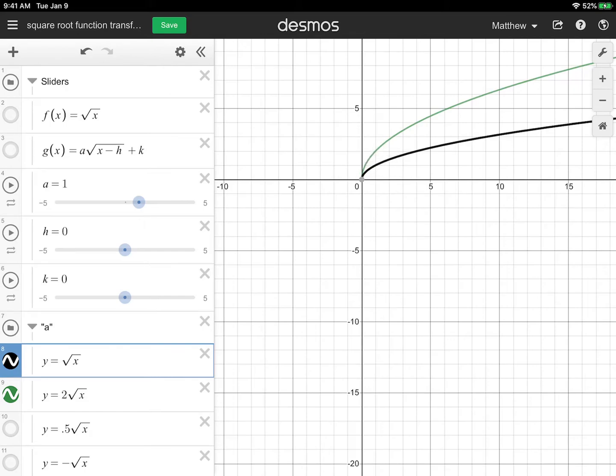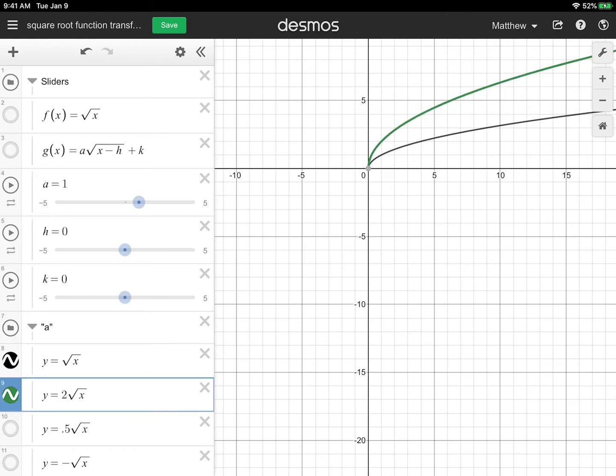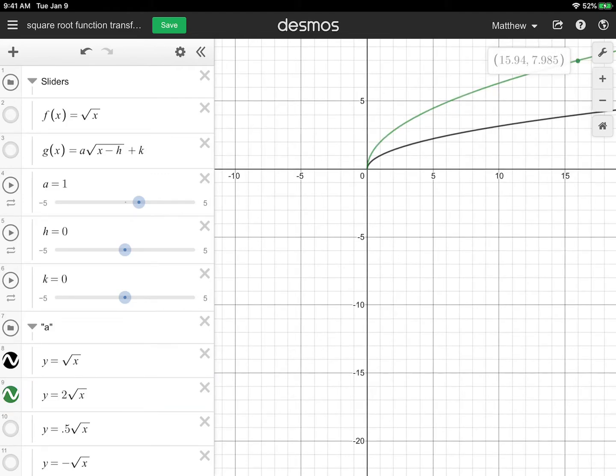Now, if I multiply all those values by 2, that point that was at 1, 1 should just go up to 1, 2. Same thing with 4, 2, now it went to 4, 4. 9, 3 went to 9, 6. So all it does is multiply my y values by that factor.